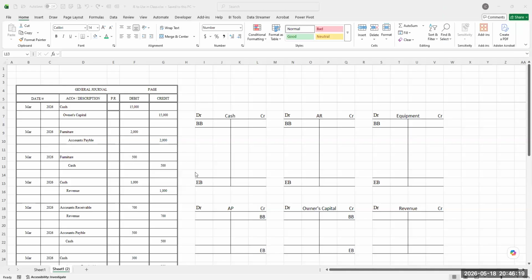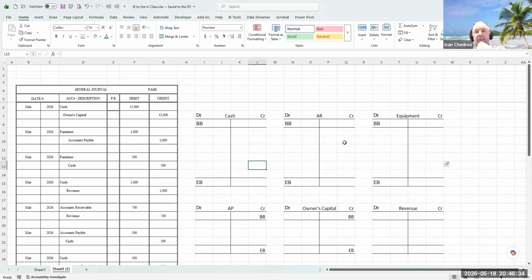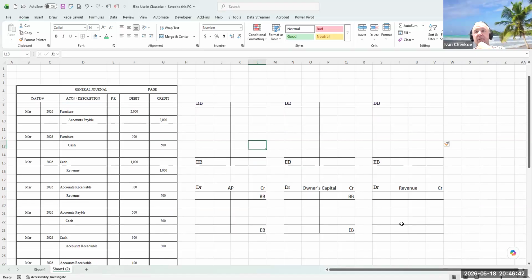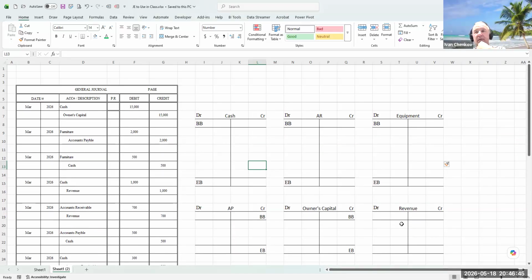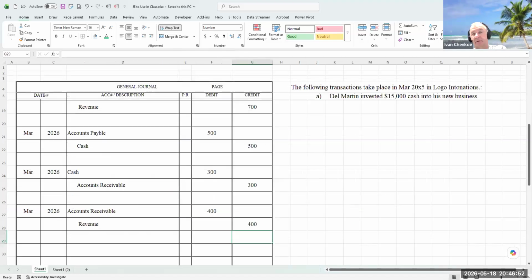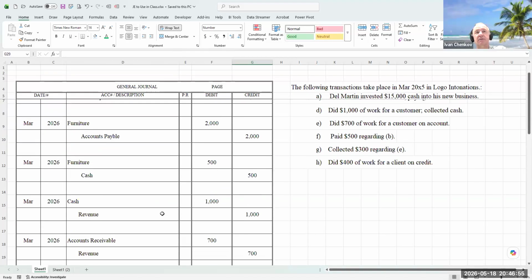Yes. And when you open on the second sheet, is that what you see? There are two worksheets. On the second worksheet, you should see this T account. Is that what you guys see? Yes. Excellent.